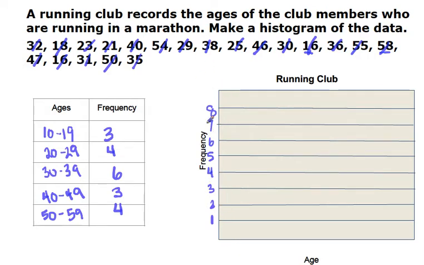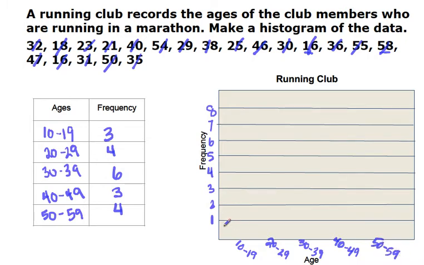Probably not. I'd probably want to go up by 2s or sometimes even 5s. My ages, and I like to write these a little diagonal because otherwise my blocks get too crazy: 10 to 19, 20 to 29, 30 to 39, 40 to 49, and 50 to 59.